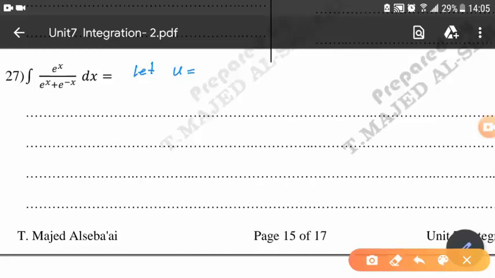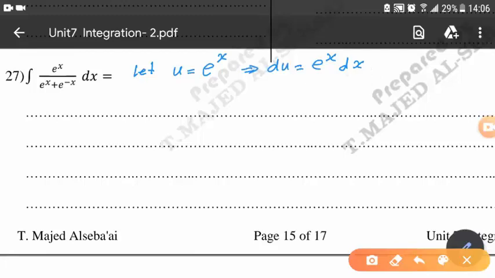E to the power of x. Only that? Be confident. You're right. That's right. It is correct. Now, what is du? du equals e to the x dx, right?